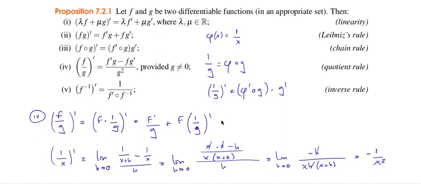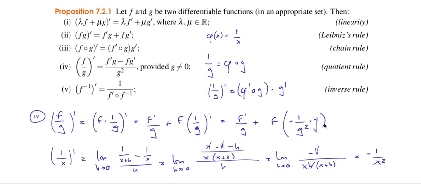So then we can write this like this. This is f prime divided by g plus f times the derivative of 1 over g, which is phi prime, the derivative of 1 over x, which is minus 1 over x squared, composed with g, so this is minus 1 over g squared times g prime.